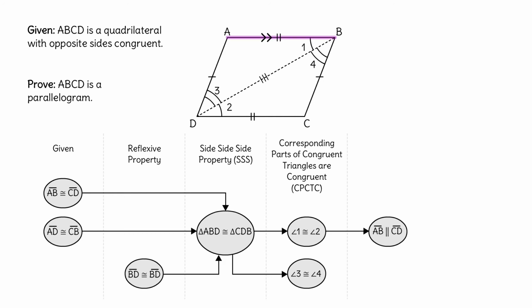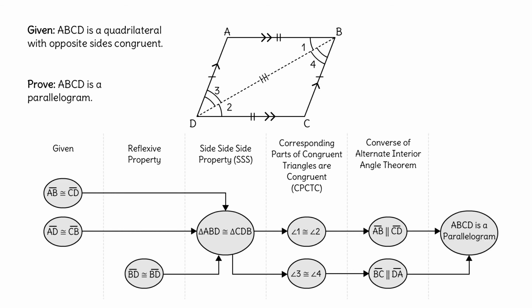Now, AB is parallel to CD, and BC is parallel to DA by the converse of the alternate interior angle theorem. Do we know it's a parallelogram now? Yes. We proved opposite sides are parallel, and that means ABCD is a parallelogram by the definition of a parallelogram.